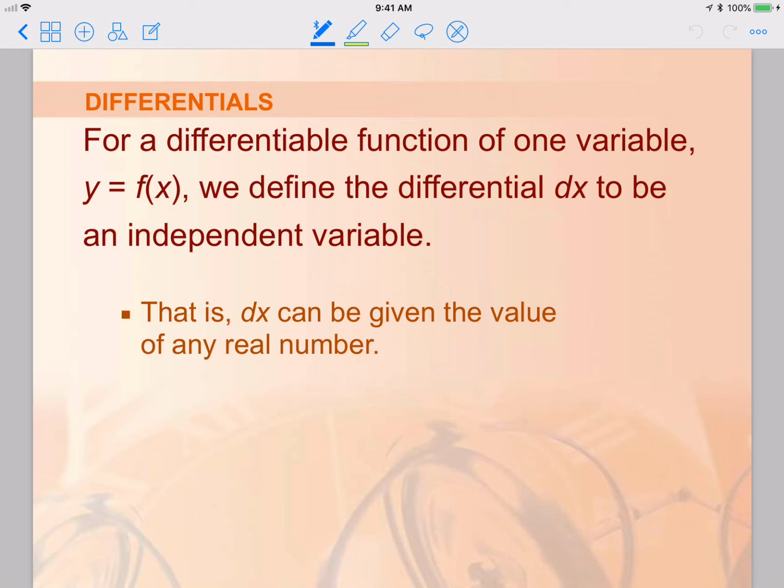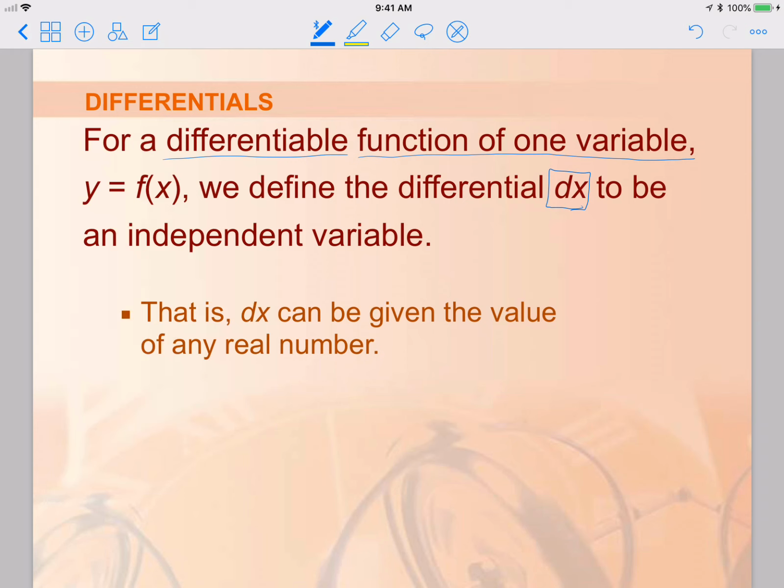Okay, so as we talk about differentials, a good way to start that out is by remembering the case when we were just dealing with one variable. When we had a function of one variable that was differentiable, we defined the differential dx to be an independent variable.